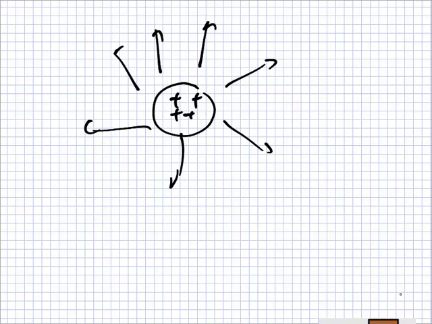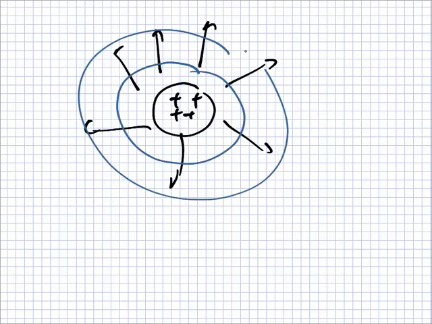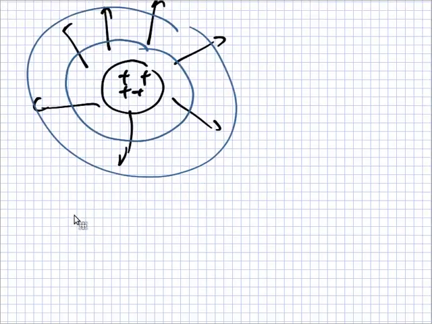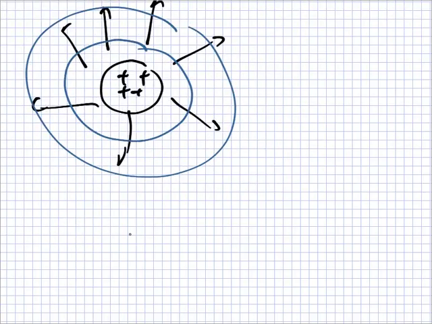They should just be circles, like this. So what I want you to do is to add to your pictures the equipotential lines, which look like this.